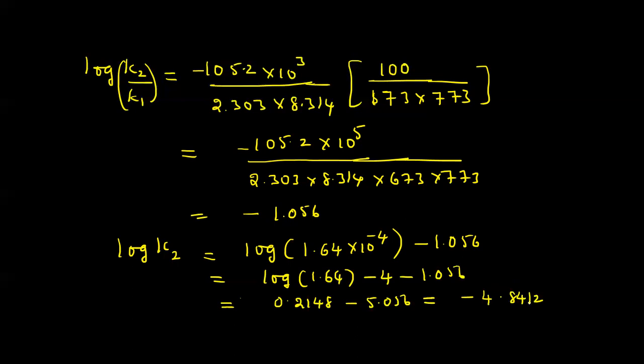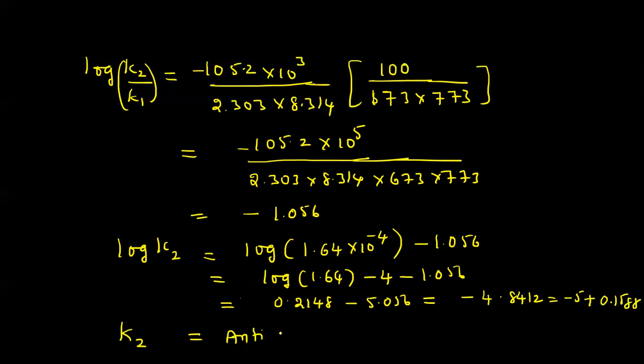This can be written as minus 5 plus 0.1588. Now we take the anti-logarithm for K2.